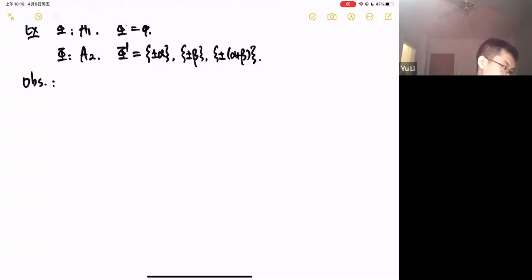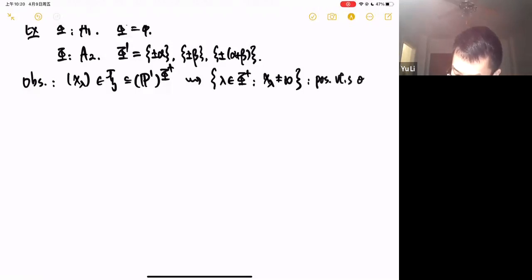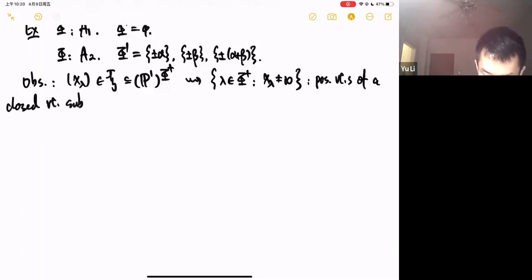Maybe not. Yes, okay, let me do it anyways. So if I have x lambda inside Hbar, which sits inside P1 to the P plus, then I can look at all lambda such that x lambda is finite. Okay, and you can try to convince yourself that these are positive roots of a closed root subsystem of phi.